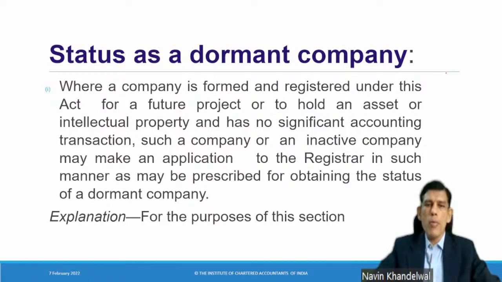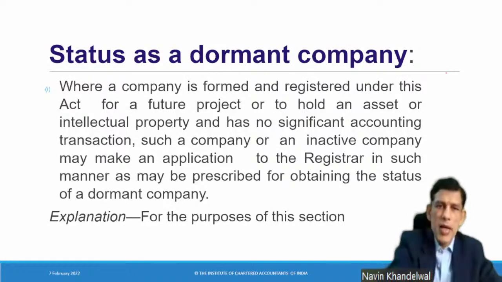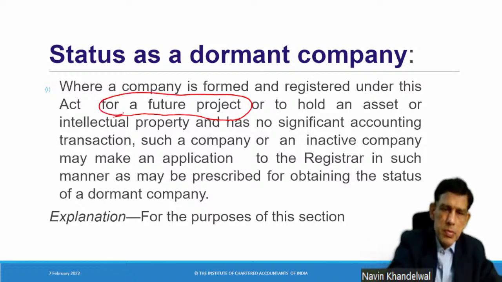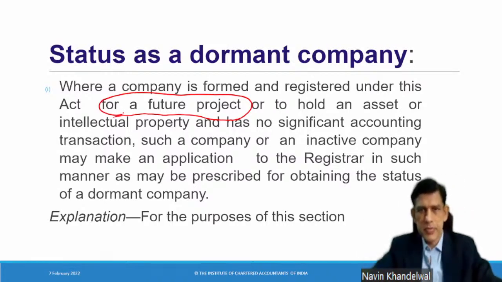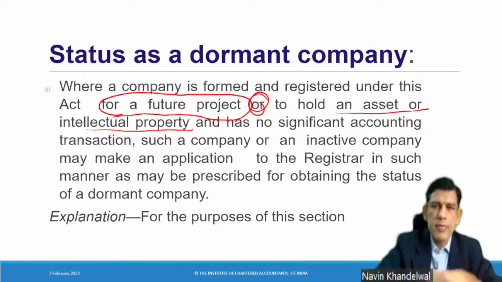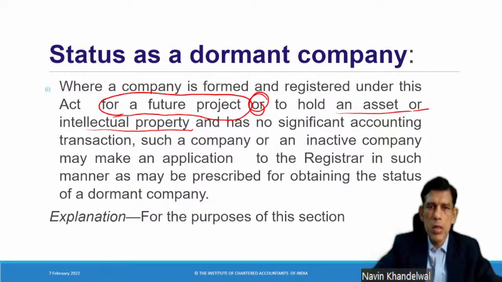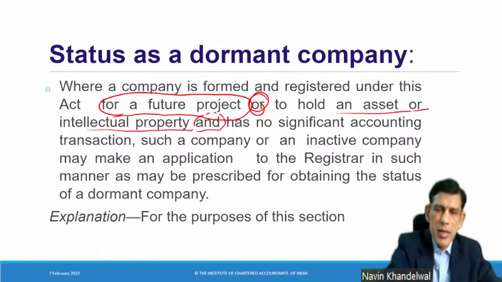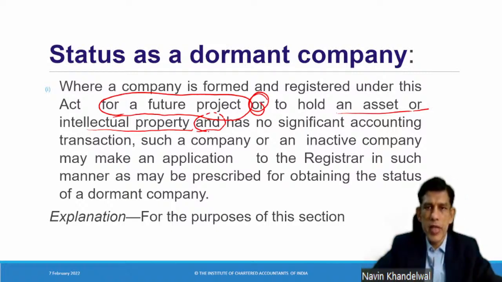Where a company is formed and registered under this Act for a future project, or to hold an asset or intellectual property. So the word is "or". And then "and", so that is the second.